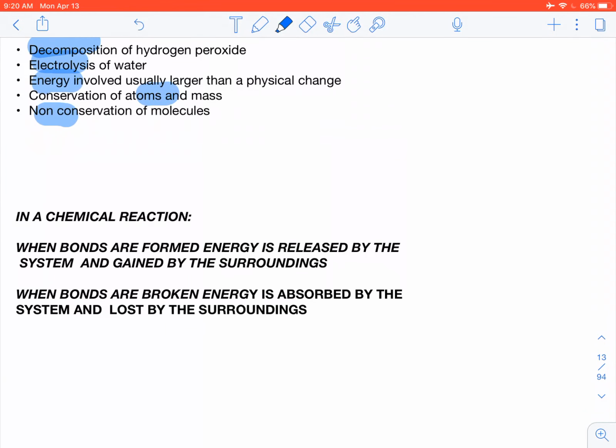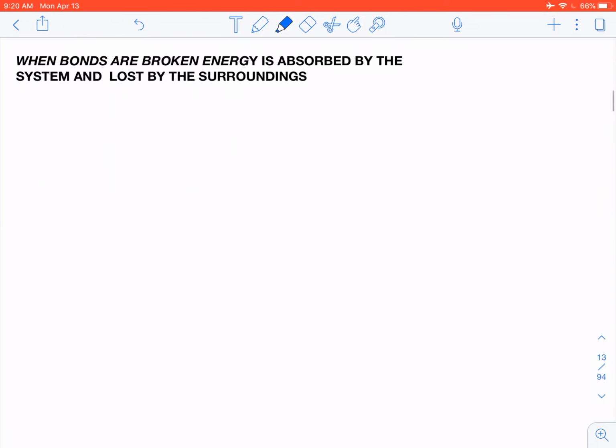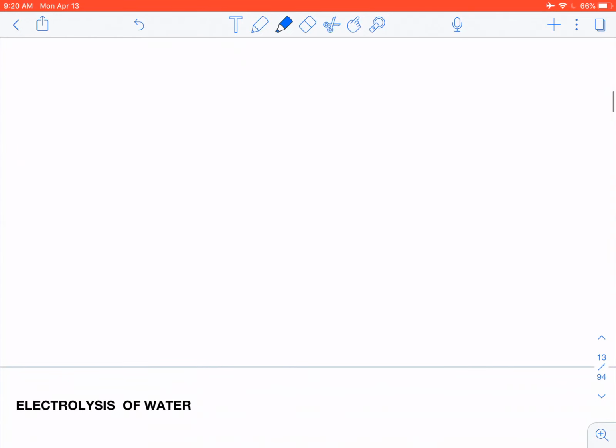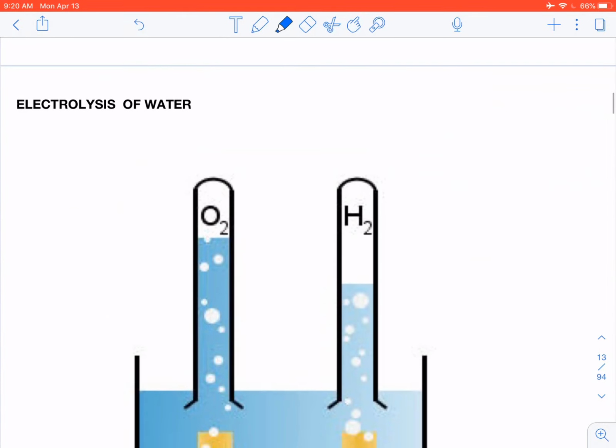But again, in a chemical reaction, when bonds are formed, energy is released, and when bonds are broken, energy is absorbed by the system, and the surroundings lose that energy, depending on what we regard as our surroundings.